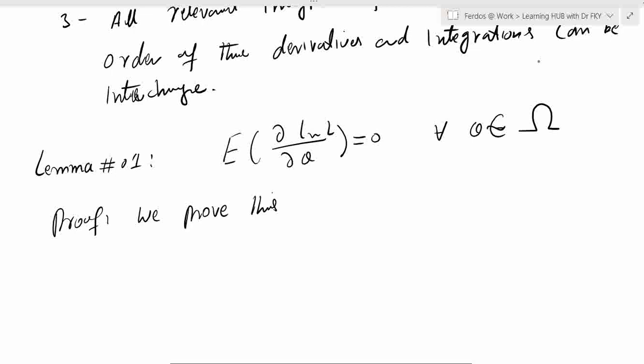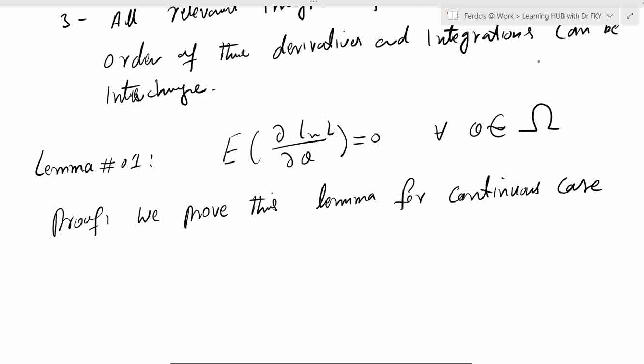We prove this lemma for the continuous case, which means that the variable x is continuous.